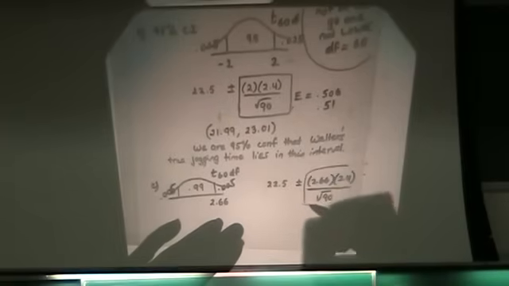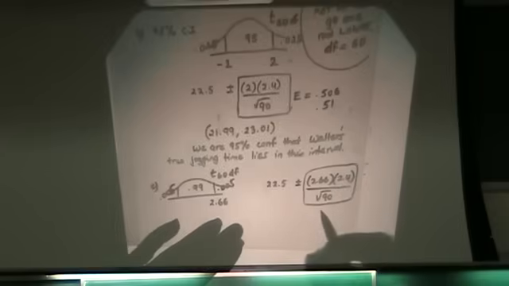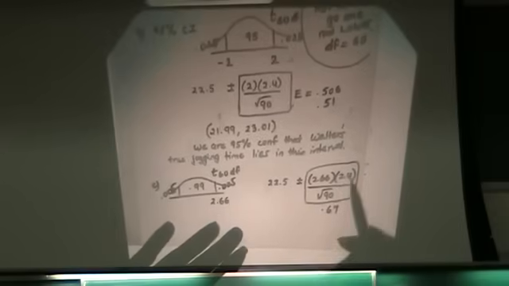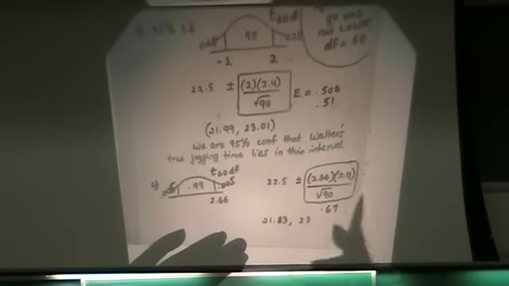What's your new E? 0.67. So 22.5 minus 0.67 is what? 21.83 and 23.17.